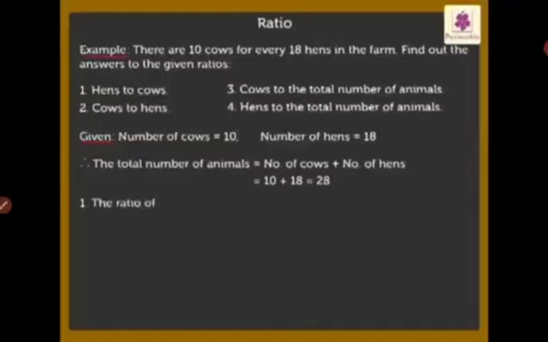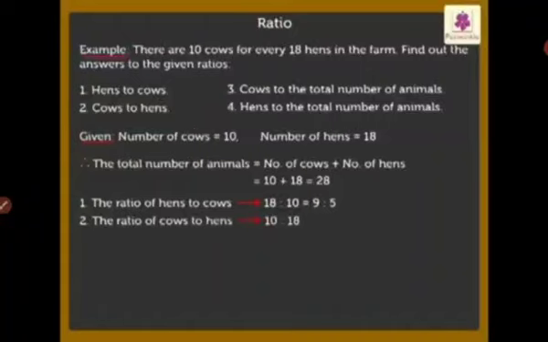The ratio of hens to cows is 18:10, which is equal to 9:5. 2. The ratio of cows to hens is 10:18, which is equal to 5:9.